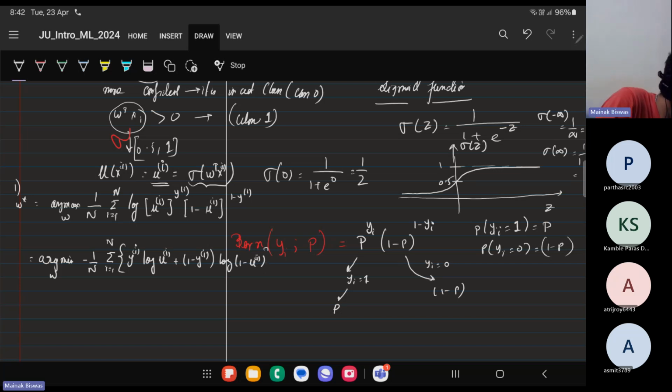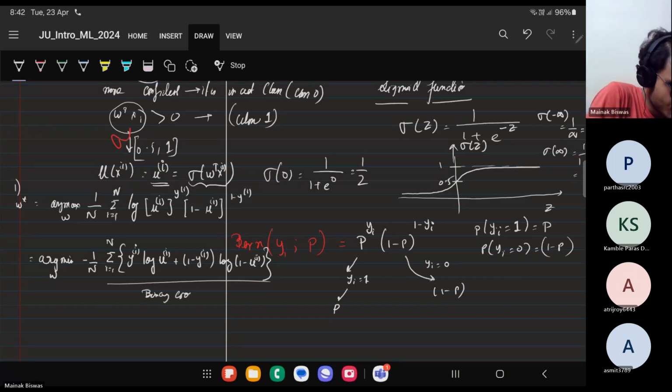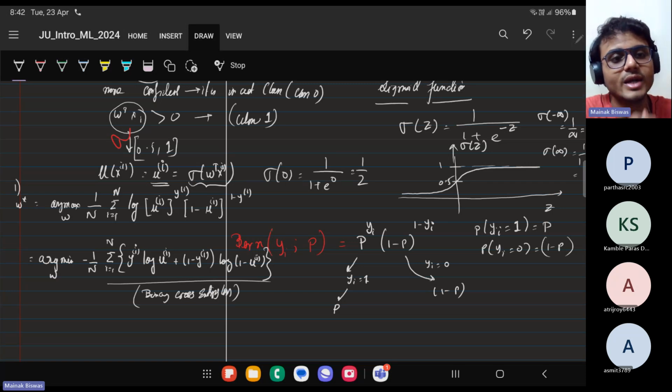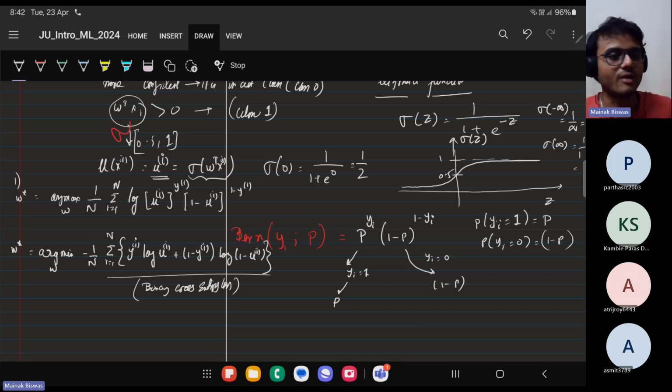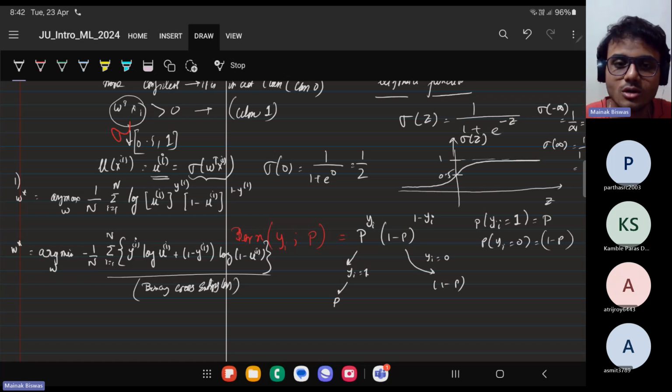Is this okay? So this is called the binary cross entropy loss. If you minimize this loss, you are going to get the W star. But unfortunately, you don't have a closed form for this, unlike linear regression. So what do we have to do?